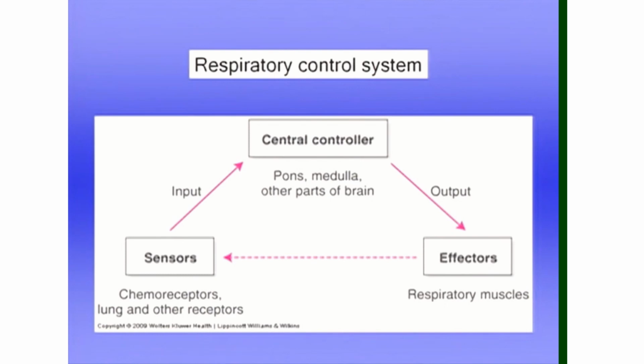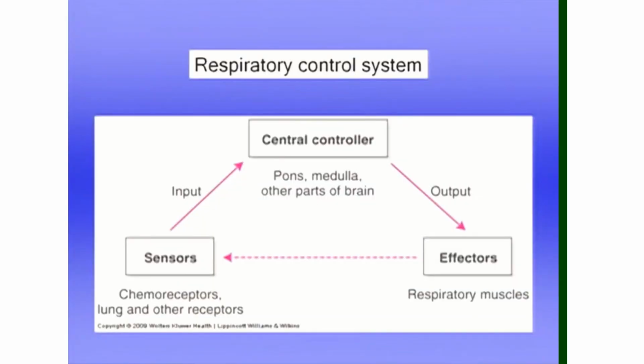These sensors send an input to the central controller in the brain. Now, the central controller, as we'll see, is mainly located in the brain stem, the medulla and the pons, but there are also influences from other parts of the brain. That's where the information from the sensors is processed and the brain works out what the body really wants in terms of gas exchange.